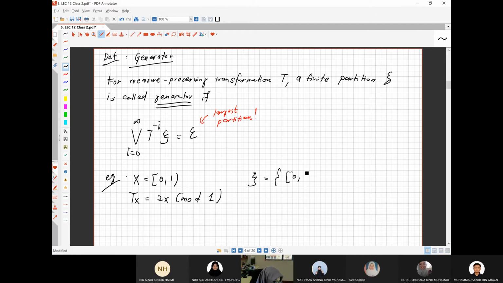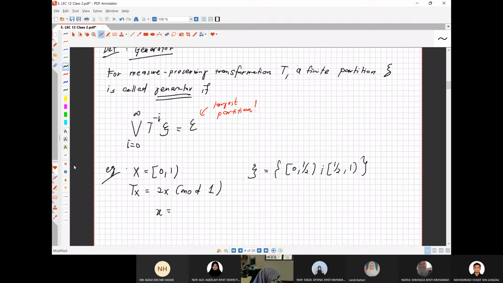Again, I like to have the symmetric partition. So in the dyadic transformation, how can you write your x? The x can be written as 0.x1, x2, x3, and so on, right?